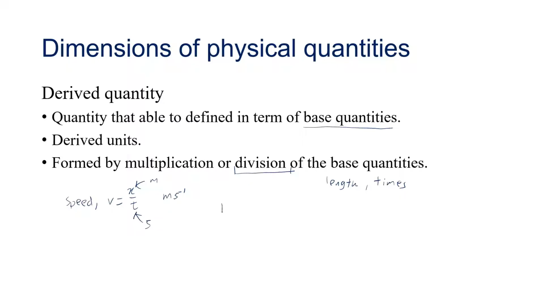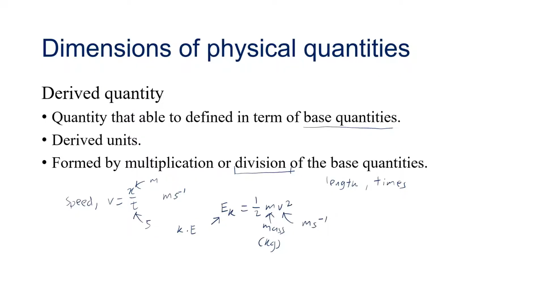Let's say this E_k. This is kinetic energy. This is equal to 1 over 2 mv squared. Now this m is a mass. Mass has an SI unit of kg, and this v has a unit of meter per second.